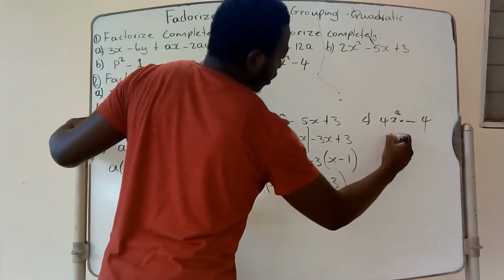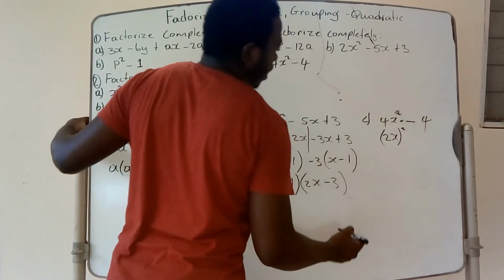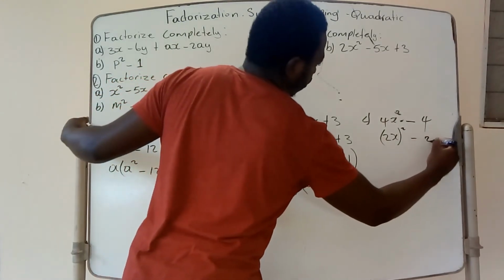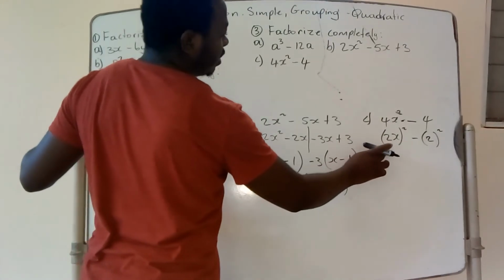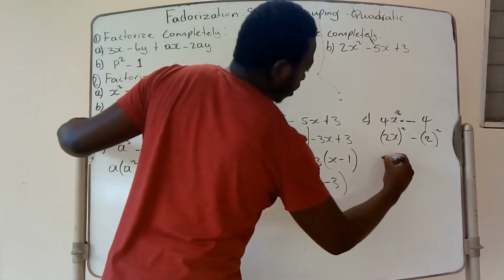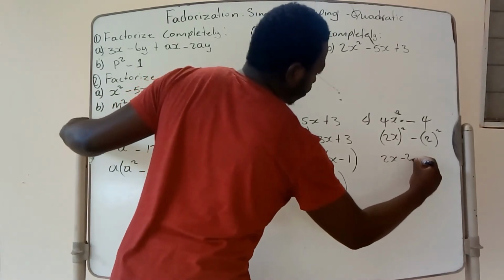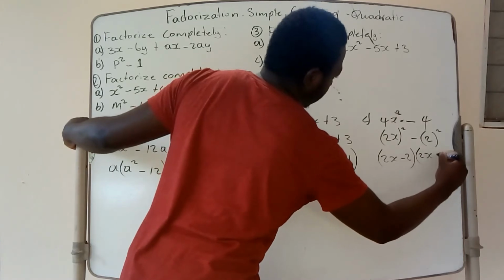So you know they squared 2x to give you 4x squared, right? And they squared 2 to give you 4. So therefore, the factors of this difference of 2 squares expression is 2x minus 2 times 2x plus 2.